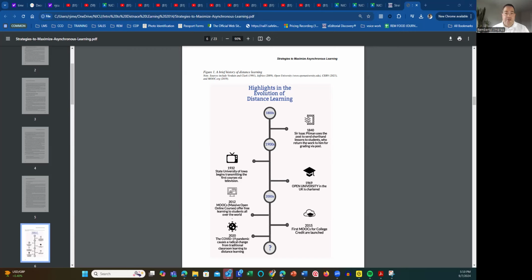Now, these ideas are not new to us today in our modern age, but in the earliest, I would say, forms of distance learning, we go back to the 1840s when Sir Isaac Pitman used to send these shorthand lessons. So people would learn how to write shorthand. It was these manuscripts that were then sent out via mail to a learner.